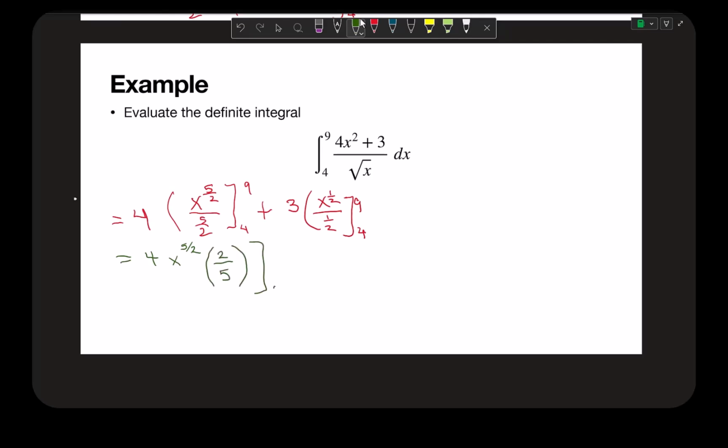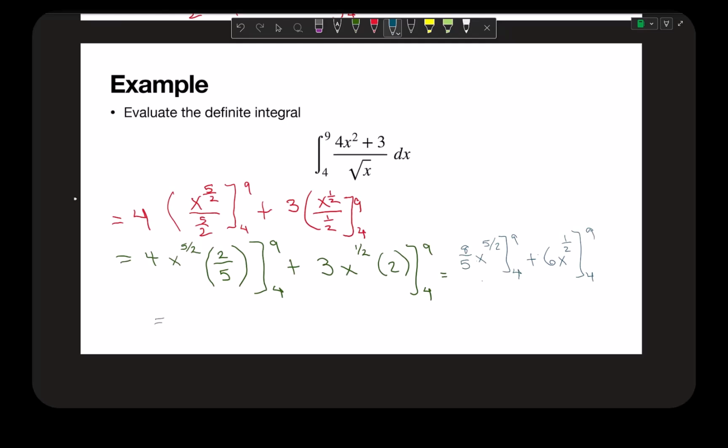This we have to evaluate between 4 and 9, plus 3x to the 1/2 power times 2, evaluated between 4 and 9, which equals, I'm going to multiply the constants together. I have 8/5 x to the 5/2, 6x to the 1/2, evaluated between 4 and 9.